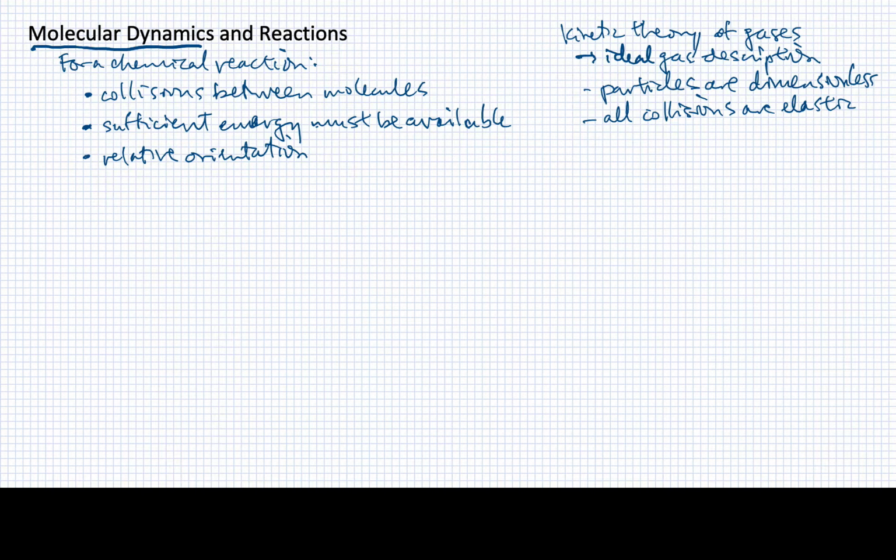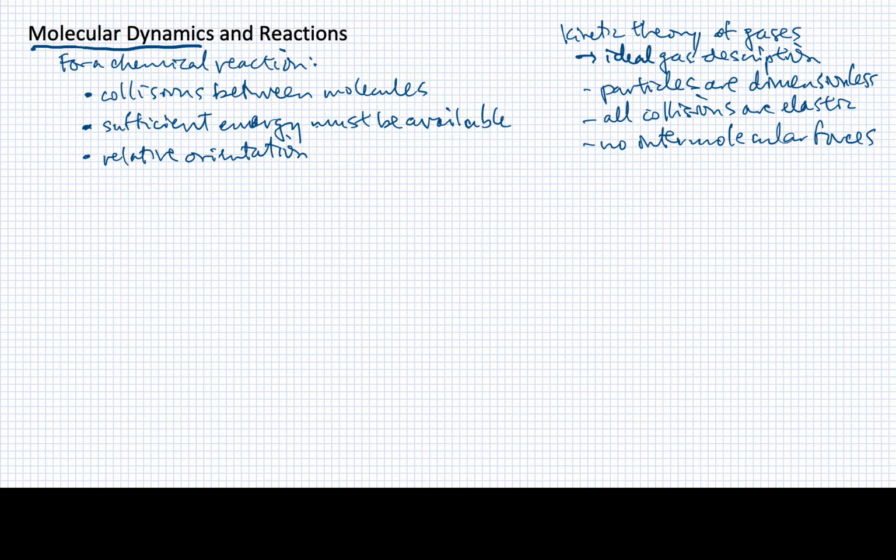And finally, we have no intermolecular forces between the molecules in these models. So we don't have to worry about them condensing into liquids or solids, and we don't have to worry about other sorts of non-ideal behaviors, such as the ones that we've learned about at various points in this course.